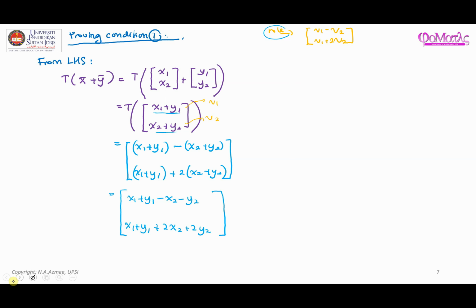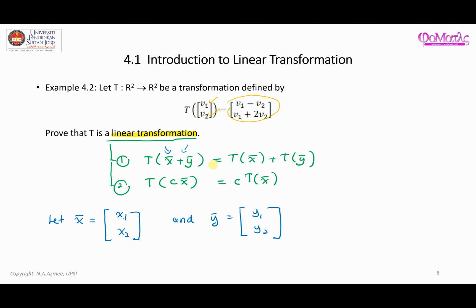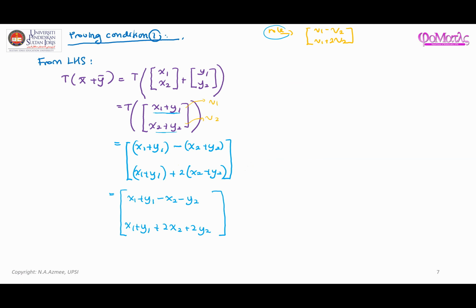Now, in order to separate them, we are looking at the left hand side, and we are looking to be able to separate x and y. So we need to think of separating x and y, which we can do by grouping all the x's together and the y's together.